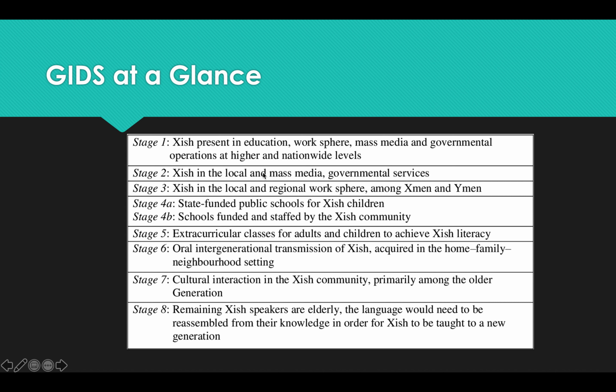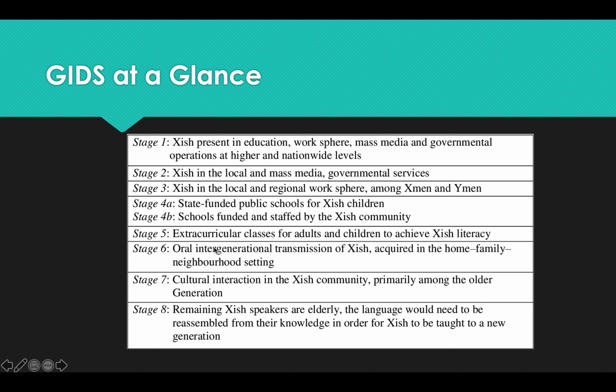X is in the local mass media and government services. X is in the local regional work sphere, for both X-men and Y-men, the speakers of the minority language and the majority language. You have state-funded schools, schools funded by the community, and extracurricular classes for adults and children to achieve literacy.